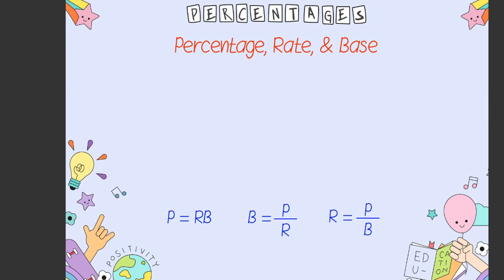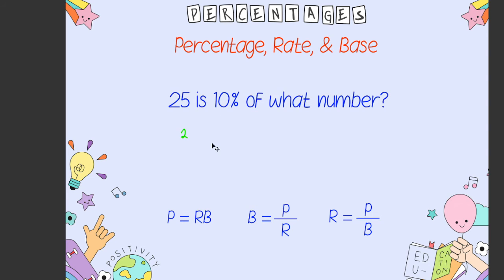Okay, last example. 25 is 10% of what number? So first write that in fraction form. That's 25 over blank is equal to 10 over 100. So we're looking for this one, and that is the base. So all you have to do is divide 25 by 10%.